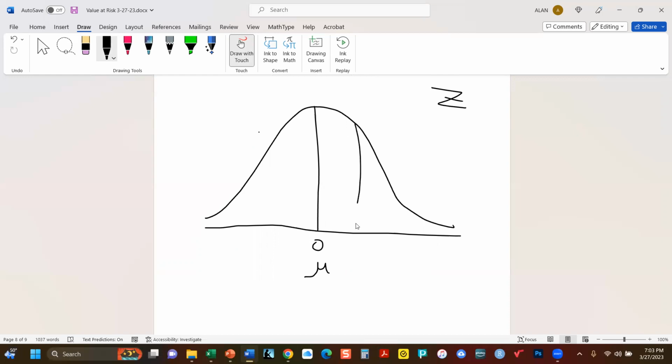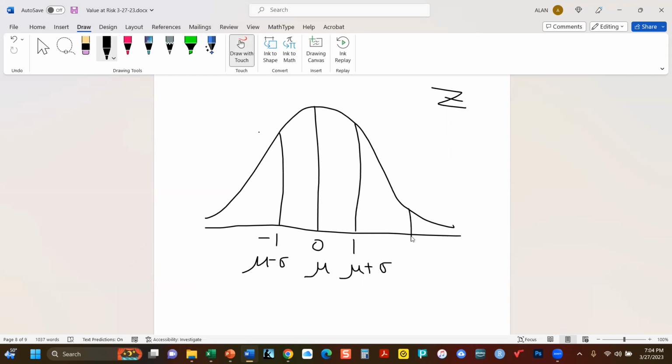A 1 in this distribution means the mean plus 1 standard deviation. -1, which, actually, that's a terrible drawing, they're supposed to be the same distance on either side of the mean. -1 would be mu minus sigma.